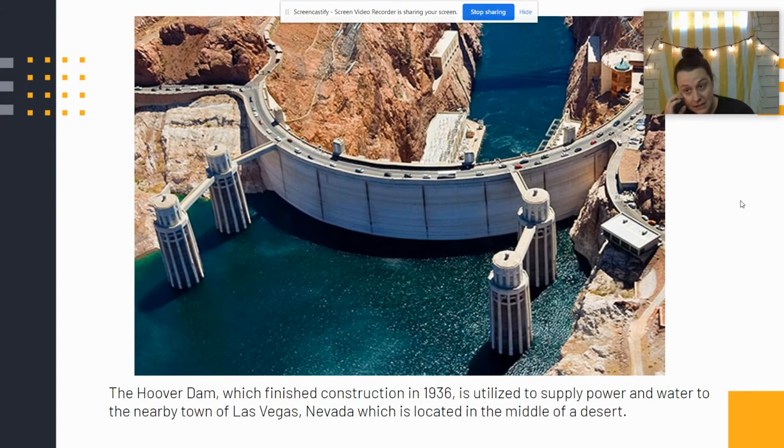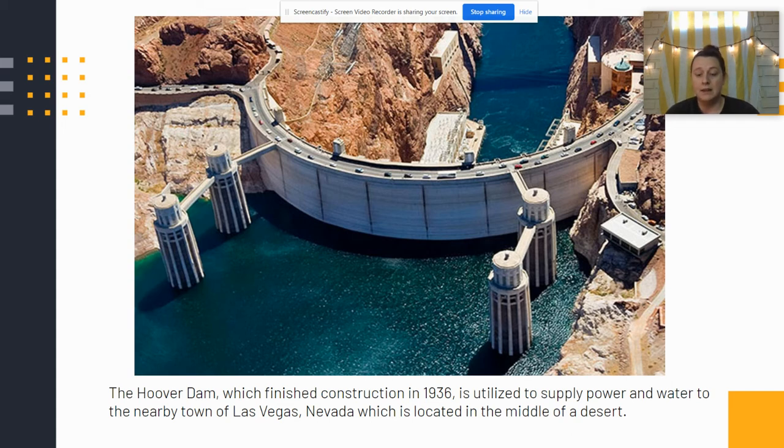The Hoover Dam is another example. So the Hoover Dam was constructed in 1936 during the Great Depression, and the idea behind the Hoover Dam was that they would be able to harness the water power to supply electricity to some basically desert regions in Nevada and Arizona and New Mexico.